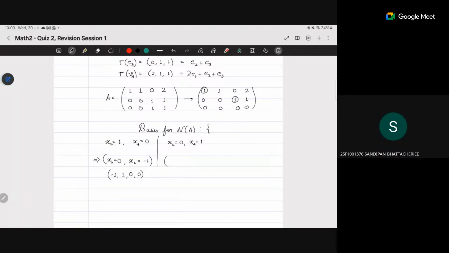And in this case, X4 is 1, meaning X3 will be -1, and X1 will be -2. So this is the other one. The basis for this is -1, 1, 0, 0, and -2, 0, -1, 1.